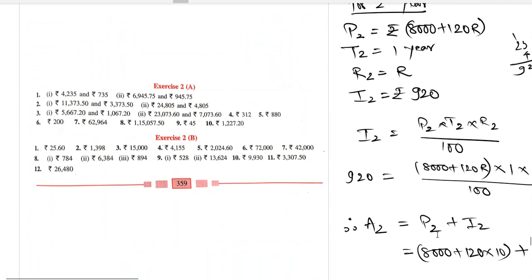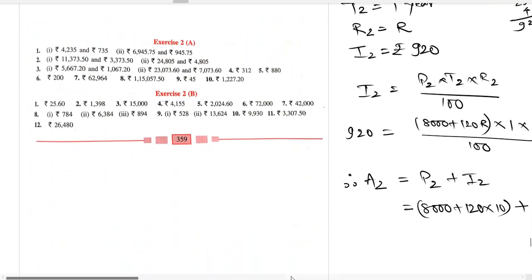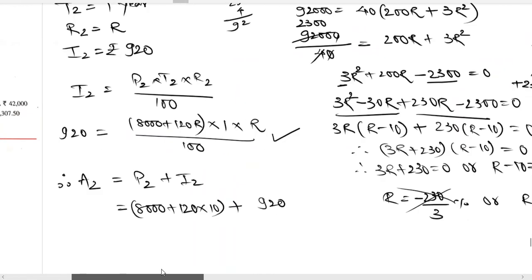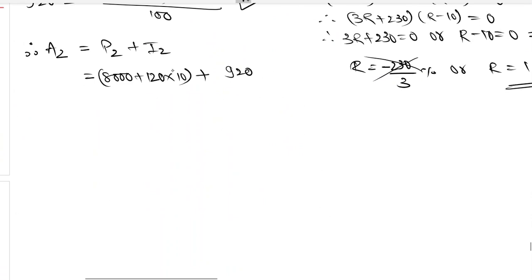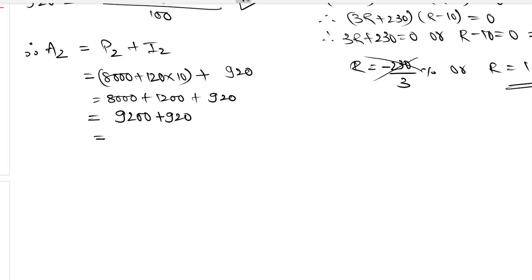Amount of debt means the final amount of second year. So what will this be? 8000 plus 1200, plus 920.